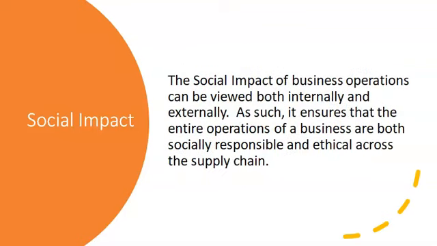The social impact of business operations can be viewed both internally and externally. As such, it ensures that the entire operations of a business are both socially responsible and ethical across the supply chain.